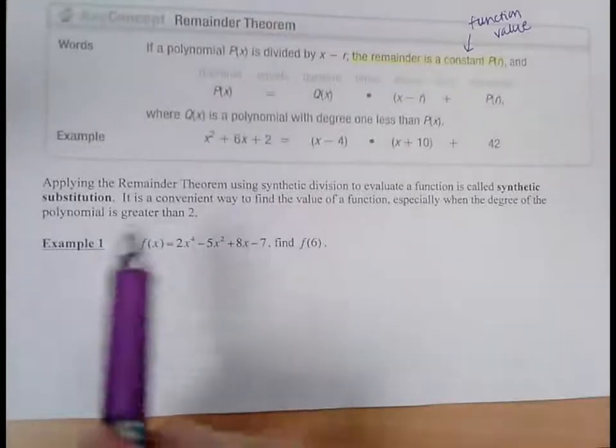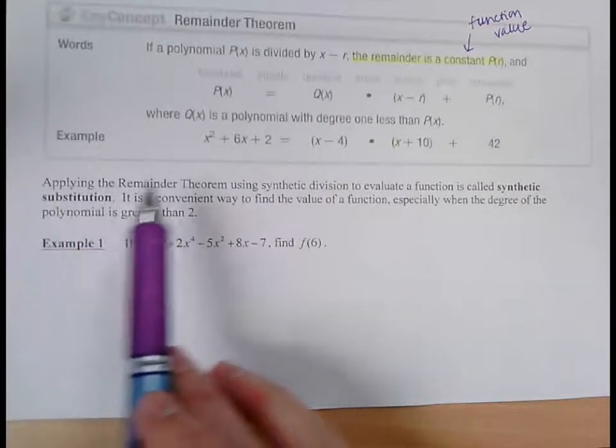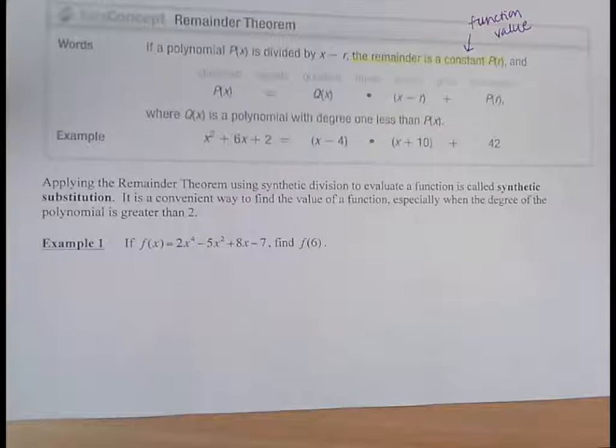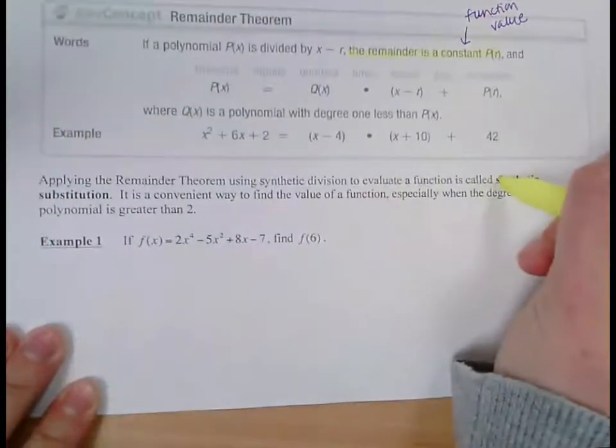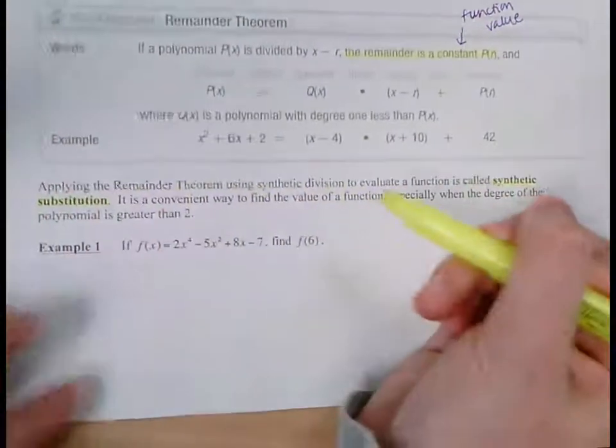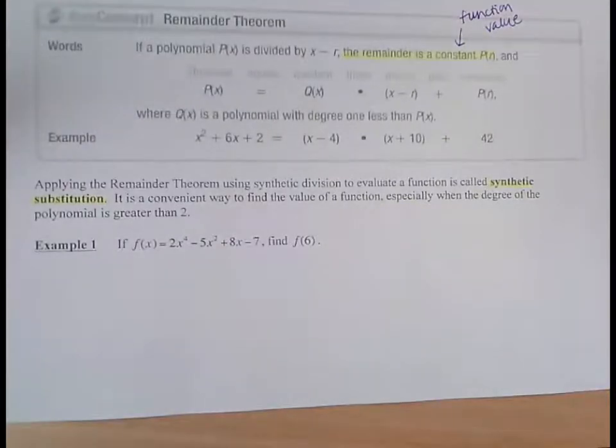As I've already mentioned, when you apply the remainder theorem using synthetic division to evaluate a function, this is called synthetic substitution. It could be a more convenient way to find a function value, depending on the function you have. If you have a really long function with really high exponents, using the synthetic division process could be a little bit easier, or cause you to make fewer little mistakes versus substituting directly.